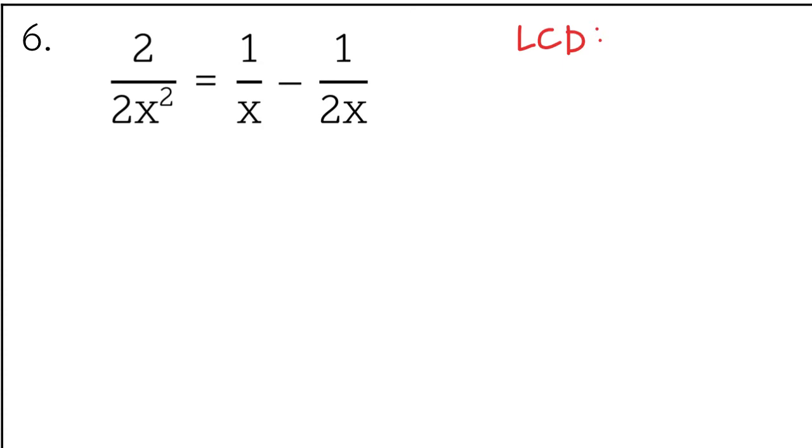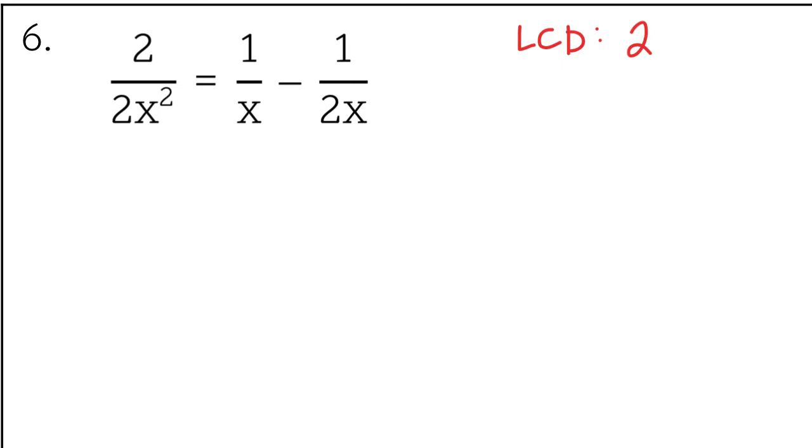So start by looking at all the denominators of each of these rational expressions. I have 2x squared, x, and 2x. Let's start with just the coefficients in front. This one has 2. This one doesn't have anything in front, so it's an invisible 1. And this one has 2. So the least common multiple of those denominators would be 2.